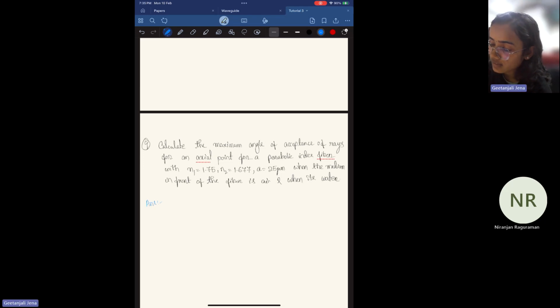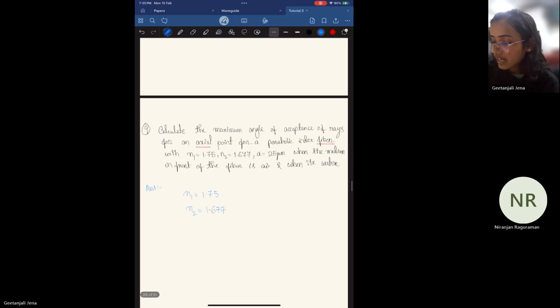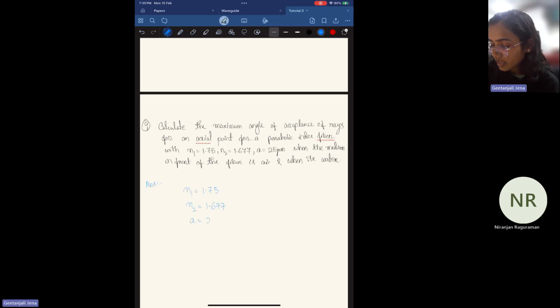So the question is asking what is the maximum angle of acceptance of a ray when the ray is incident at the axial point for a parabolic index fiber with n1 given as 1.75, n2 given as 1.677 and a given as 25 micrometer.